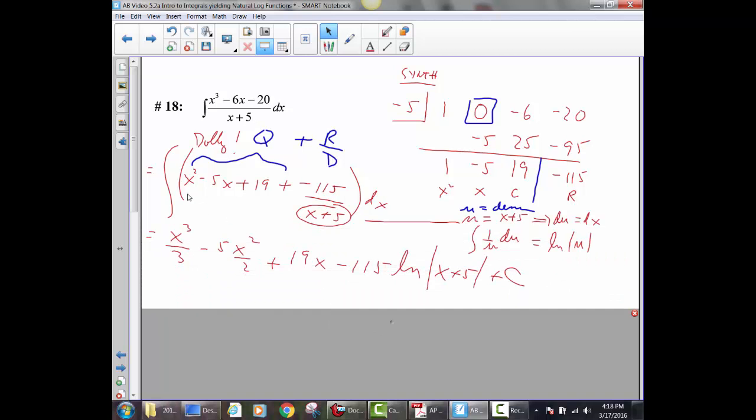Okay, so we're going to integrate x cubed over 3 minus 5 times x squared over 2 plus 19x. Pull the negative 115 out. You'll let u equal the denominator. The derivative of that is dx. So when you're integrating 1 over u du, you'll get ln absolute value of u, but our u is x plus 5.